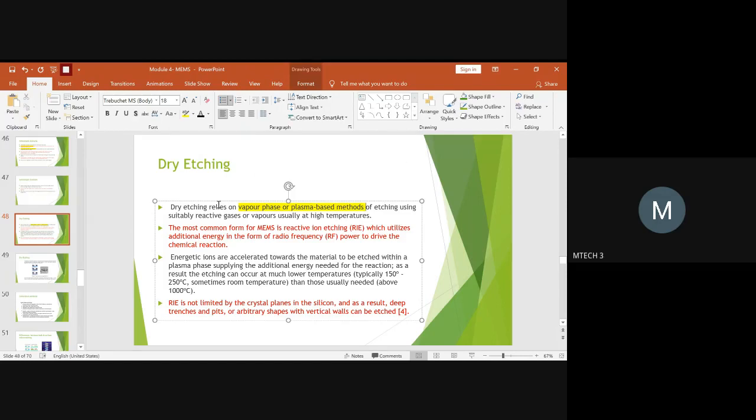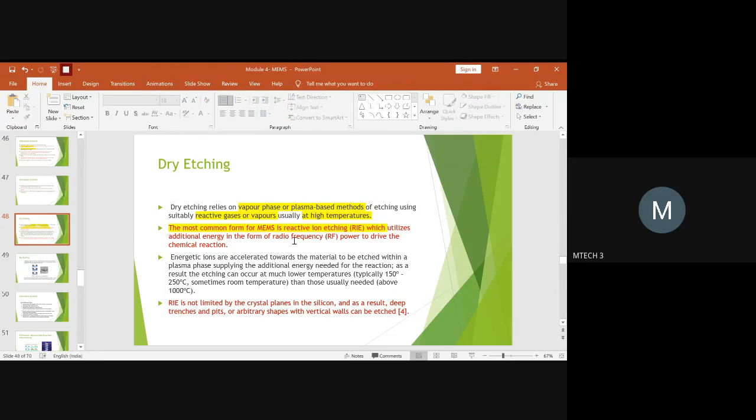Here we use reactive gases or vapors. Reactive gases or vapors will not be very active at room temperature, so you have to subject them to high external temperature. The gases are made to pass over the pattern at high temperature, and this removes the unrequired pattern.